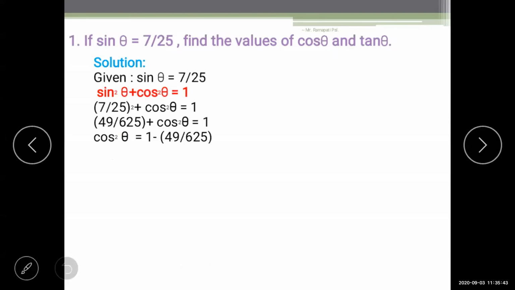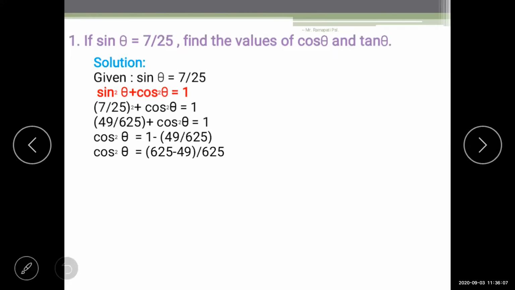After this, we are going to do cross multiplication. Cross multiplication: 1 into 625 minus 49 upon 625. Okay.